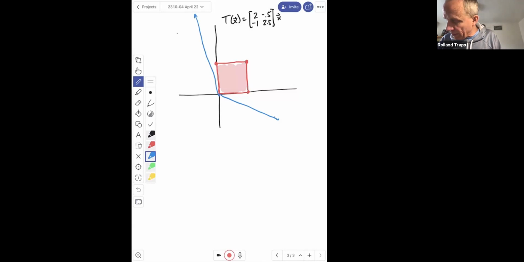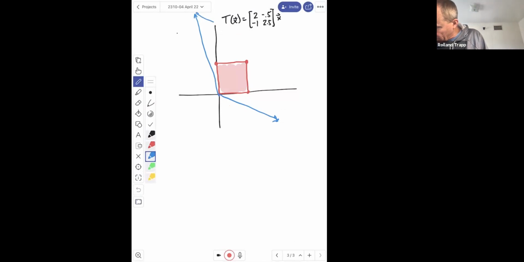And one thing about linear transformations is they take parallel lines to parallel lines. Since the bottom and top of the square are parallel, the bottom and top of the image have to be parallel as well.